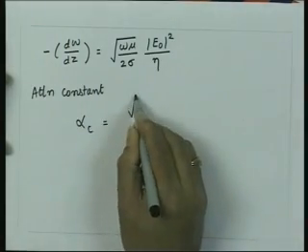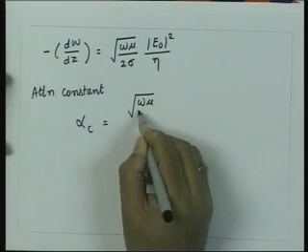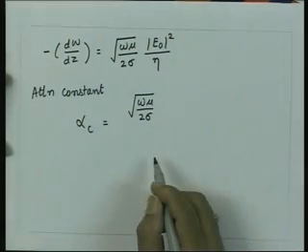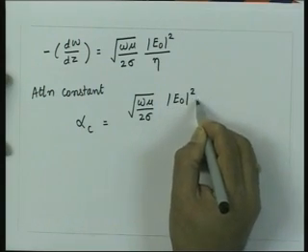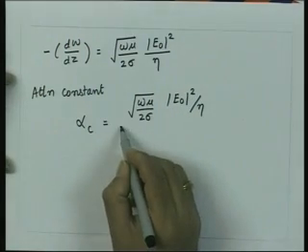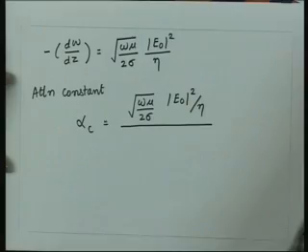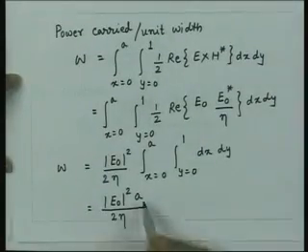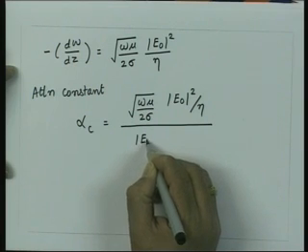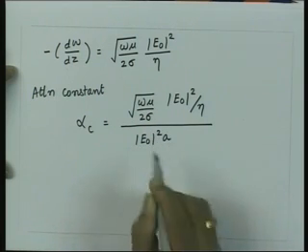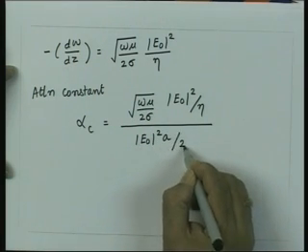So, square root of omega mu upon 2 sigma, |E0|² upon eta, divided by the total power carried, which is |E0|² a upon 2 eta.